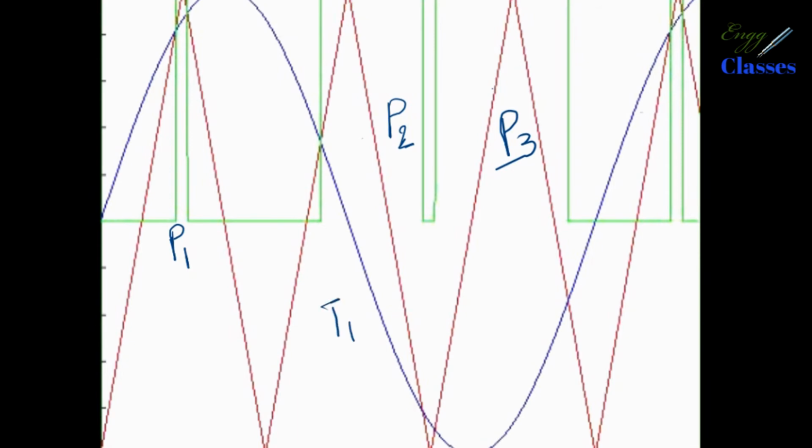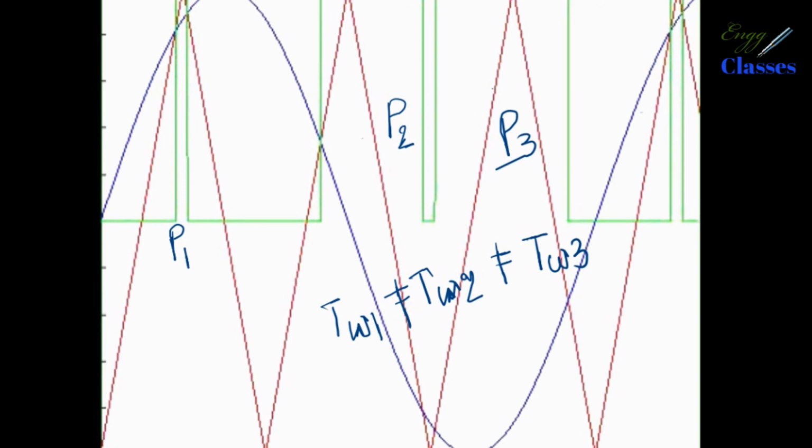The width of pulse 1, TW1, is not equal to the width of the second pulse, which is not equal to the width of the third pulse. So the advantage of sinusoidal pulse width modulation is that we can get variable width pulses.